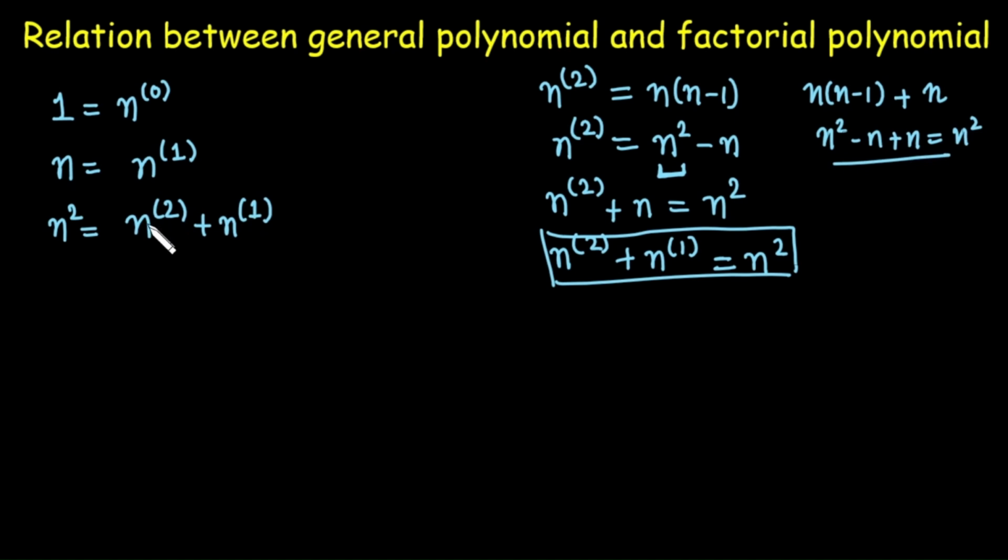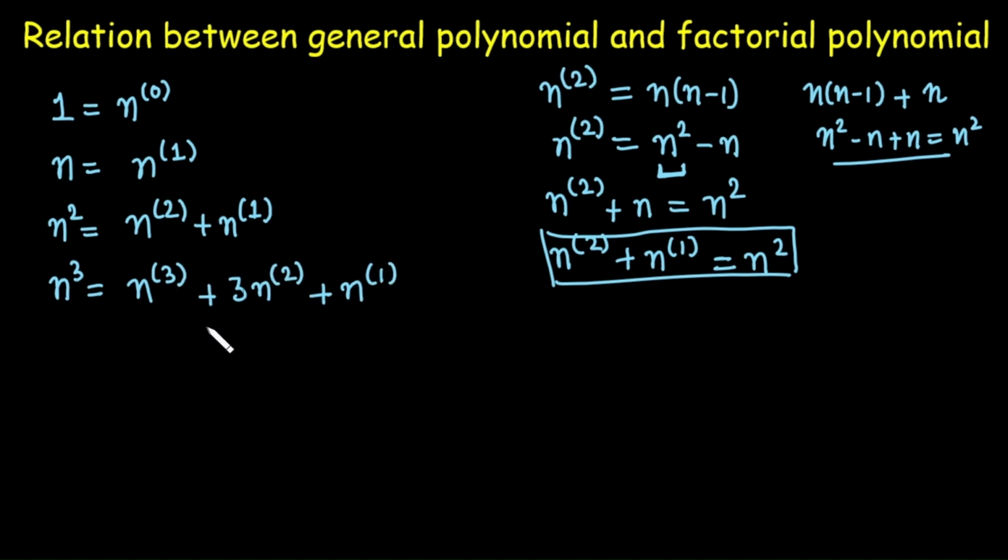It means this form is correct. This is only for the verification, but the derivation is this. Similarly, we can write n cube is equal to n raised to power 3 factorial polynomial plus 3 times n raised to power 2 factorial polynomial plus n raised to power 1 factorial polynomial.